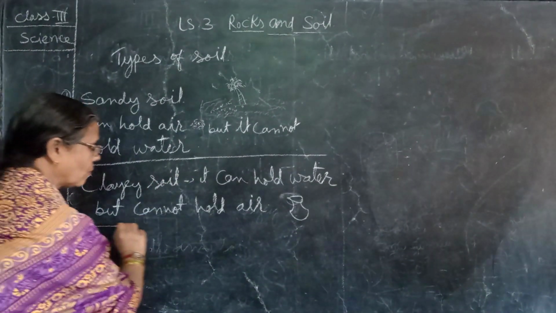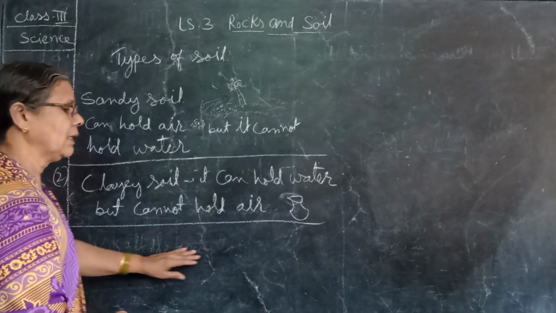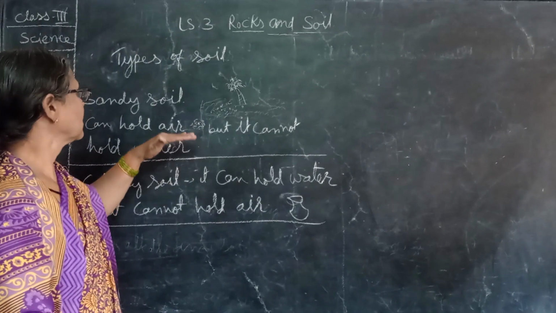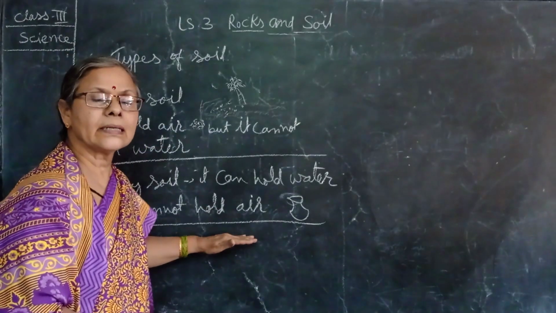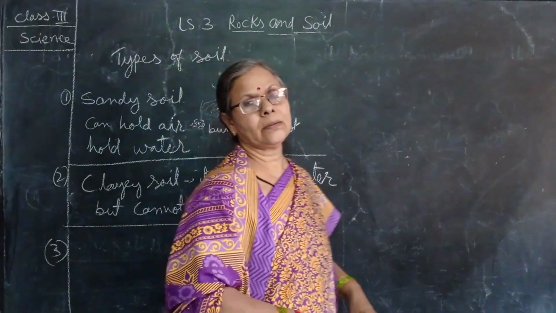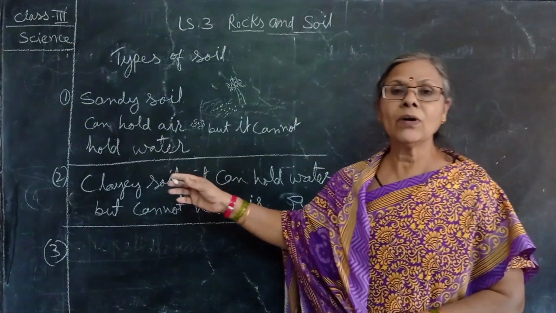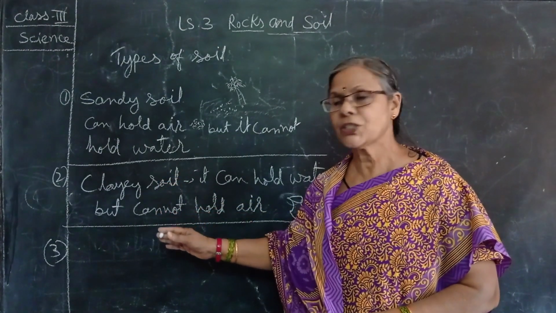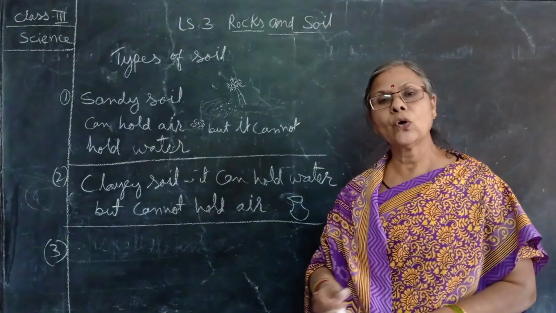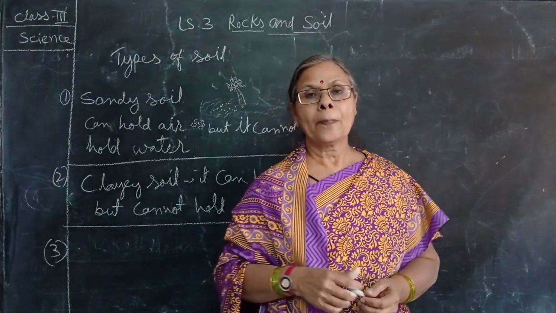Then one more, the third type of soil, what is it? It is the mixture of both sandy soil and clay soil, called loam soil. Loam soil is an equal mixture of sandy soil and clay soil. It can hold air, and it can hold water.